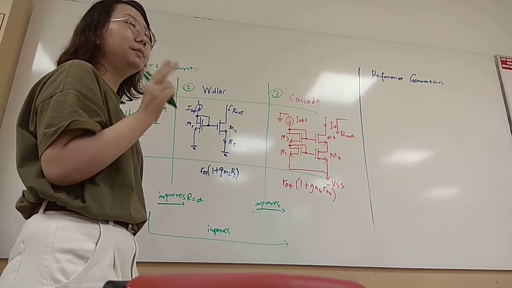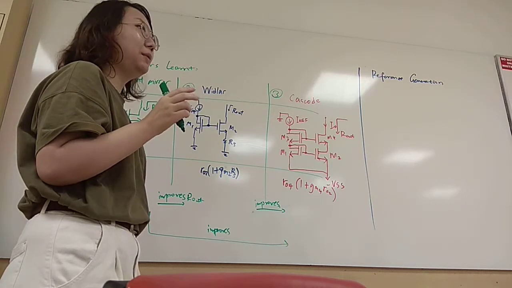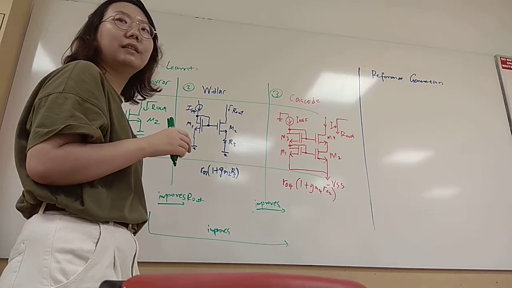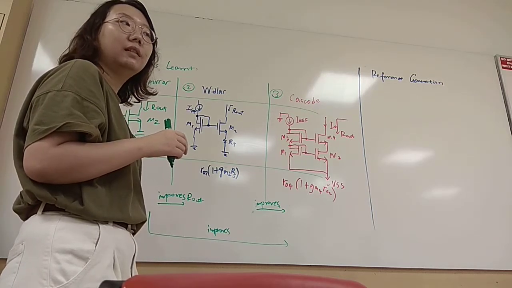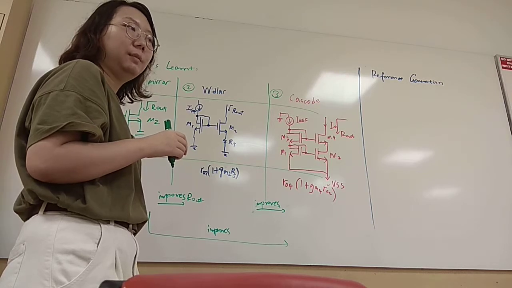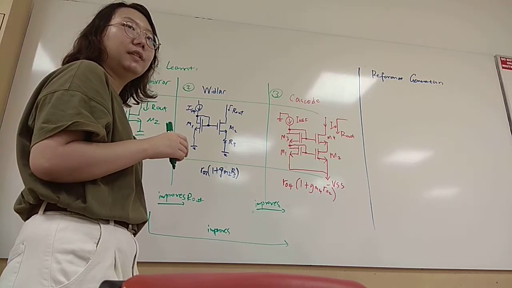For a current mirror, the most important two things are, one, the output resistance, the other is, no, current mirror. It's a mirror, so the left hand side should be the same as right hand side, I mean ideally.